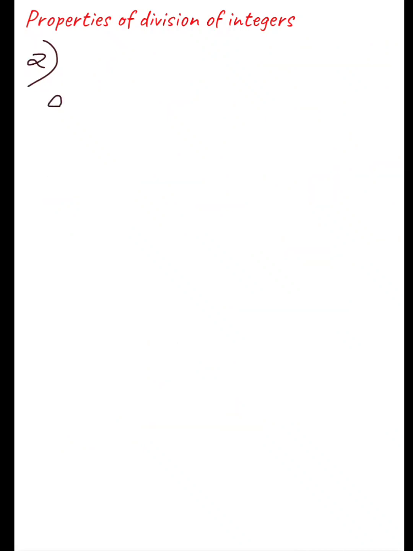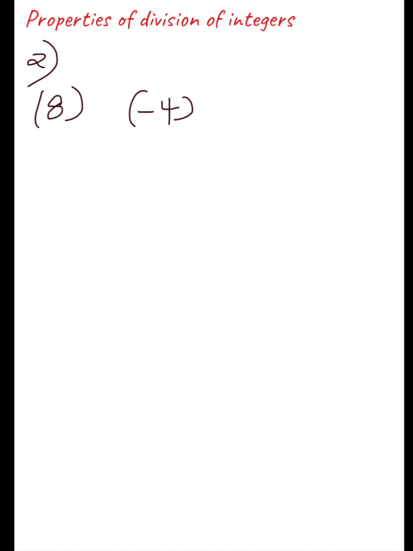For that, let's take an example, 8 and minus 4. So what was commutative property? According to commutative property, a plus b should be equal to b plus a. That was the case of addition, but here it is division.